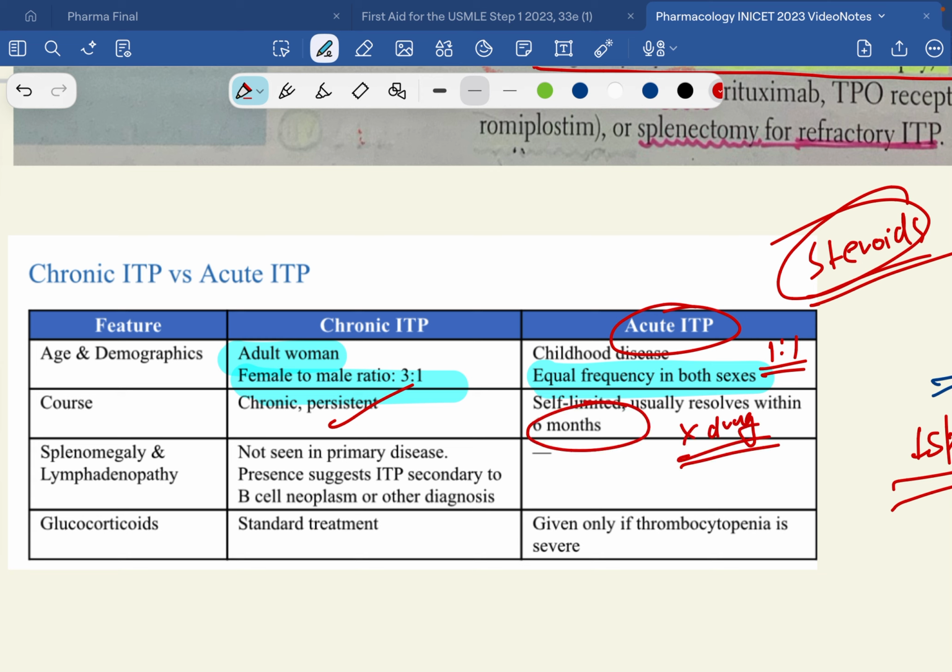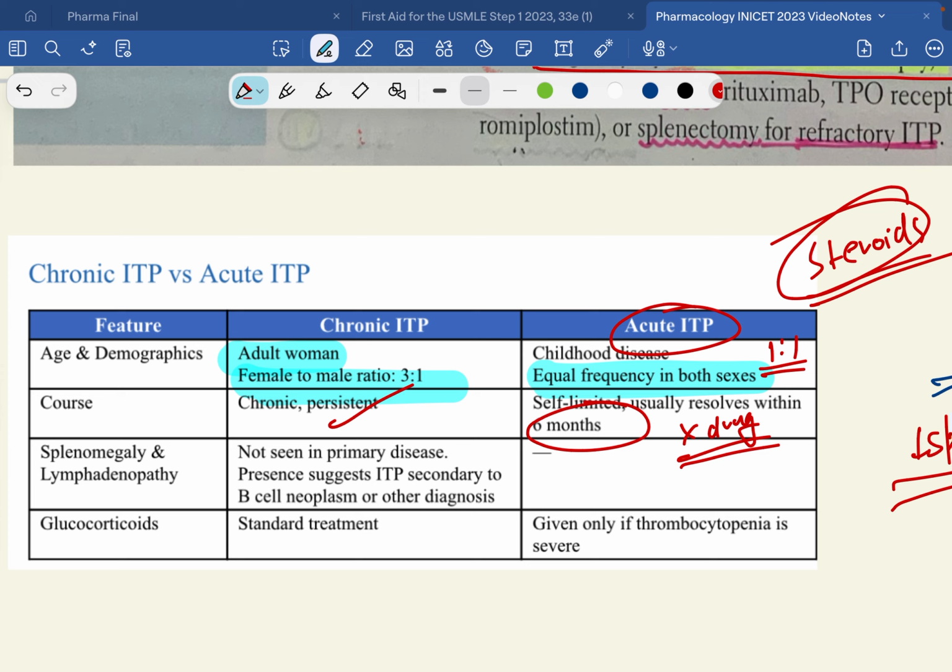If the platelet count is not very low, for example in dengue, say the platelet level is 50,000, the platelets have decreased, but we need not give any specific drug or platelet infusion, as long as the count is fine, because once the viral infection is gone, our platelet count will recover. However, in chronic ITP steroids are usually given because it doesn't recover on its own.